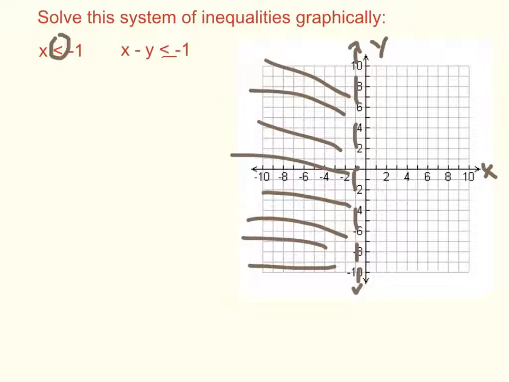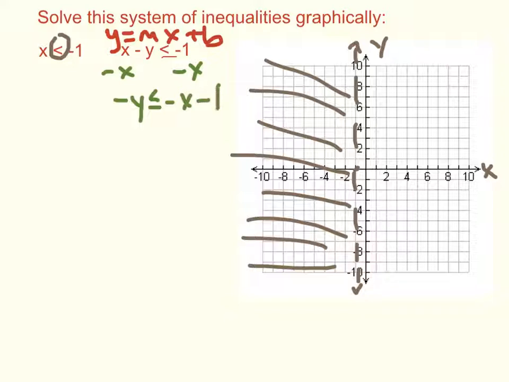For our next one, x minus y is less than or equal to negative 1. We need to put this into y equals mx plus b form. So in order to do that, we need to subtract the x on both sides. So now we have negative y is less than or equal to negative x minus 1.